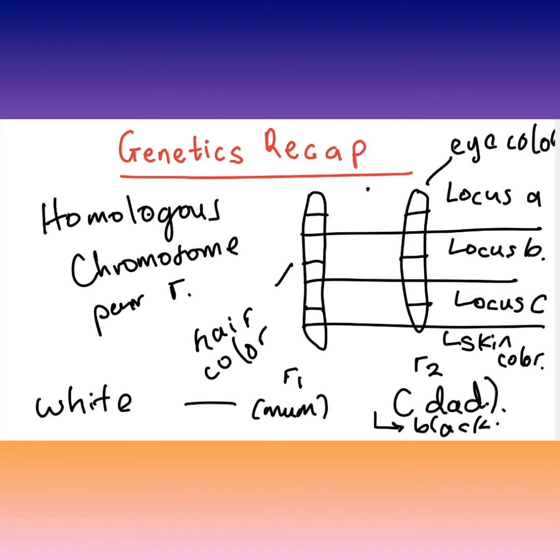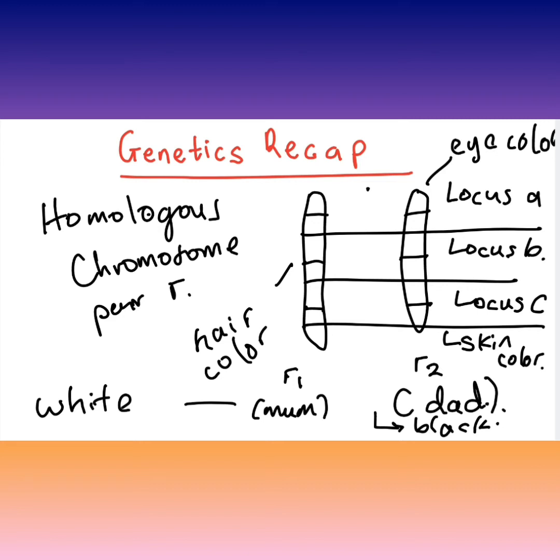Now, since the mom is white or Caucasian, she's going to have, let's say, blonde, silky, straight hair, while the dad is going to have black, kinky hair, just like myself. Now let's come to hair color locus B. Now both genes in locus B code for hair color, but basically they would code for different colors of hair.